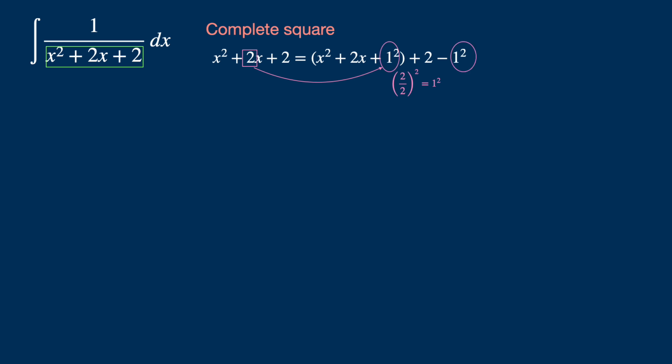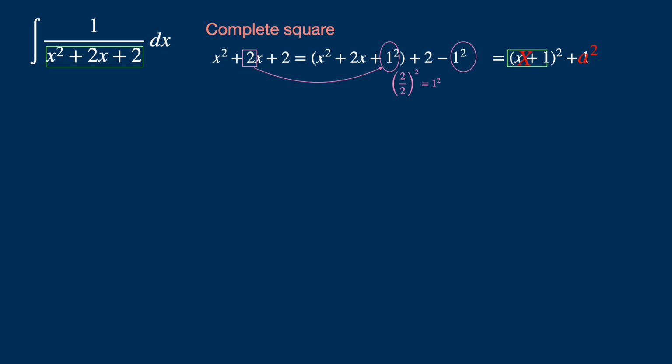So you simplify this one. The parenthesis is going to be x plus 1 squared. 2 minus 1 squared is going to be 1. That's how you made the complete square. Now, can you see that this one is the x squared plus a squared form?